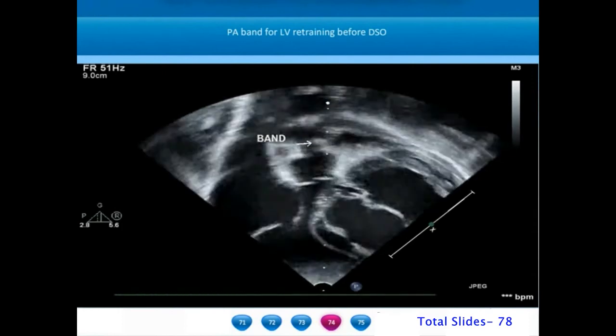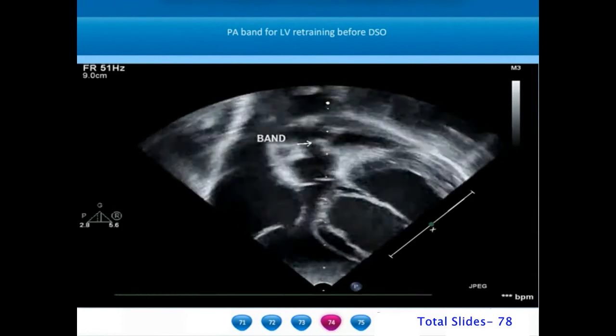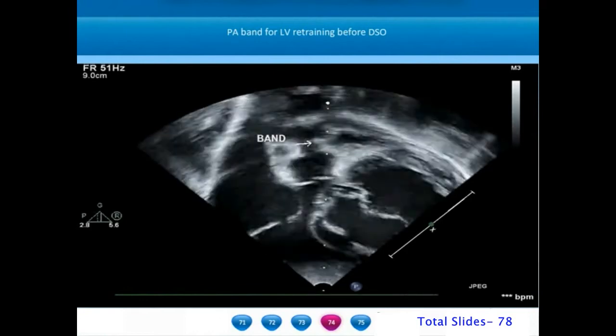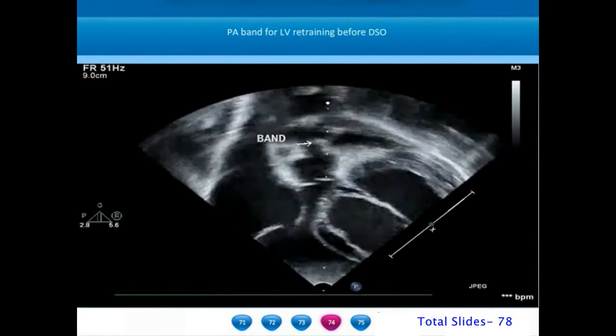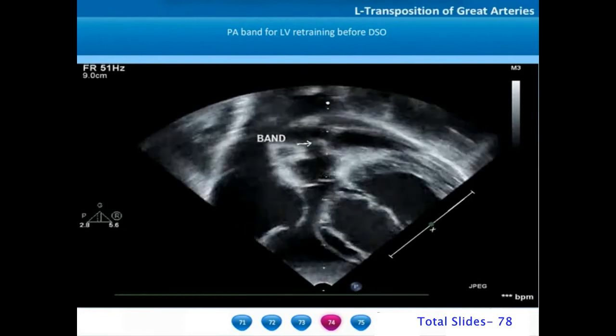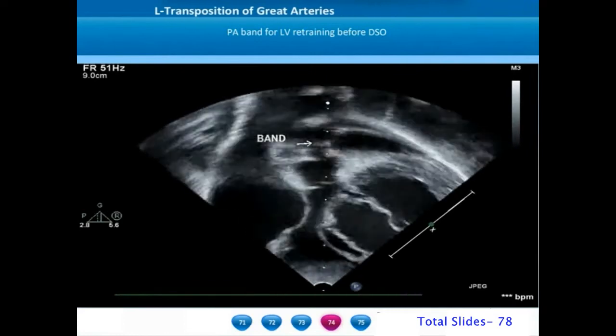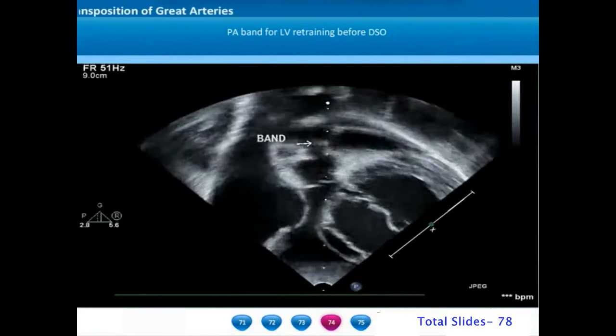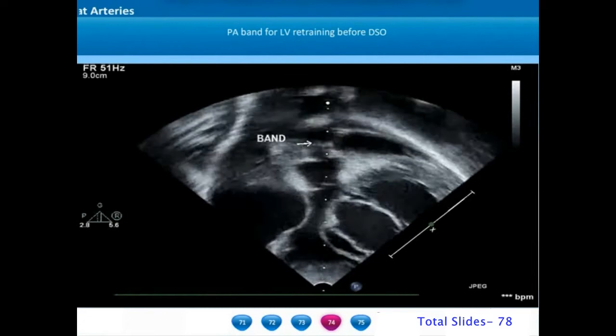A pulmonary artery band is a preparatory stage for left ventricular retraining before a double switch operation. We can appreciate from this subxiphoid long axis view the mitral pulmonary fibrous continuity and the dilated pulmonary root.